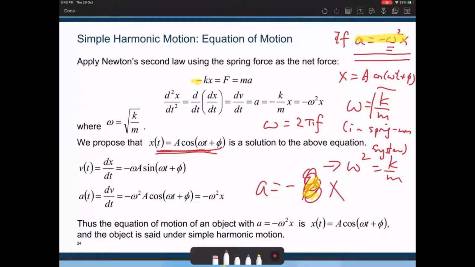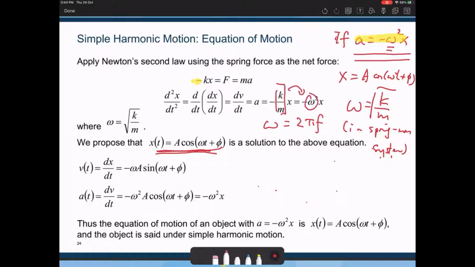In the case of the spring mass system, the coefficient happens to be k over m, and we could regard it to be the omega square. And so the omega square in the case of a spring and mass system is k over m. So here you could see the k over m could substitute into the omega square in this case.